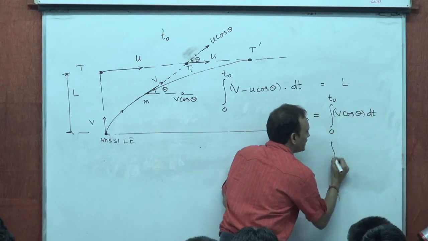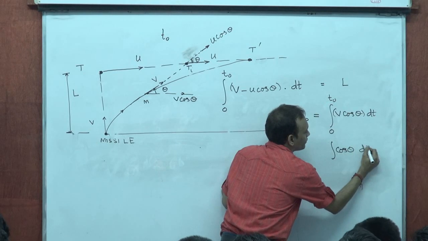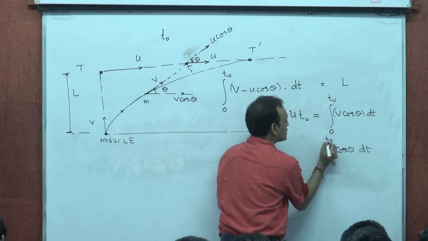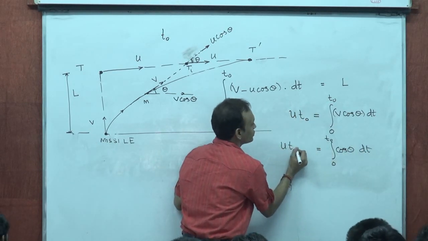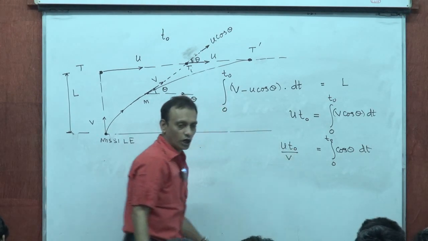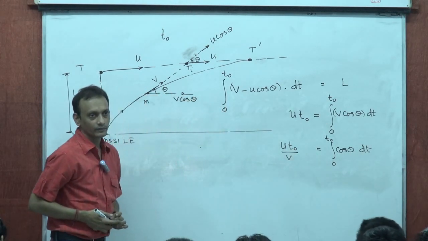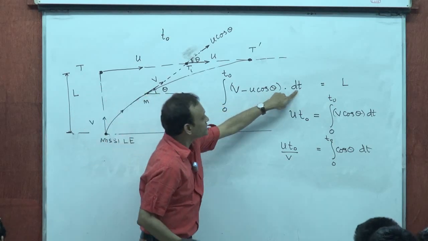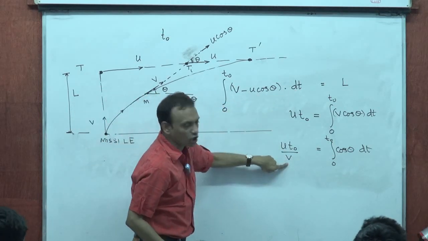Which means the integral of cos theta dt from 0 to t naught is u t naught by v, right? And that integral of cos theta dt in the first equation I can replace by u t naught by v.